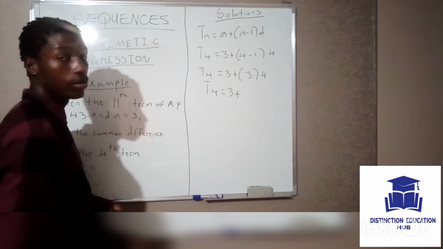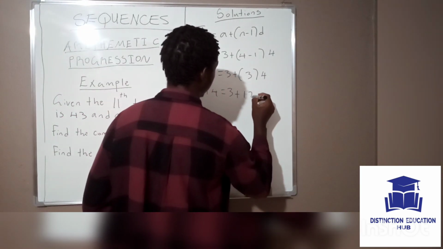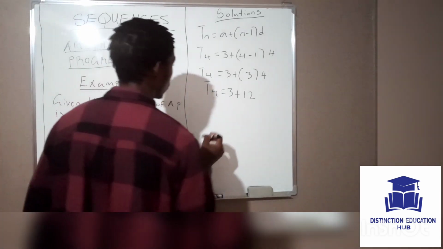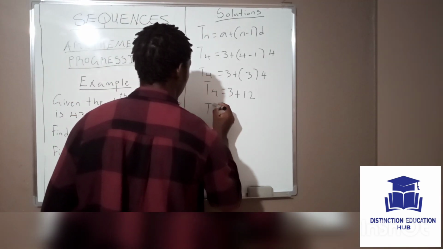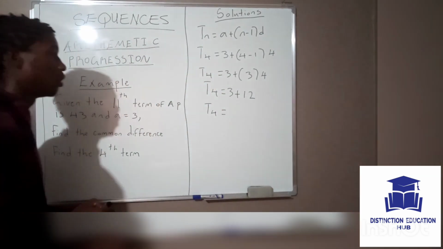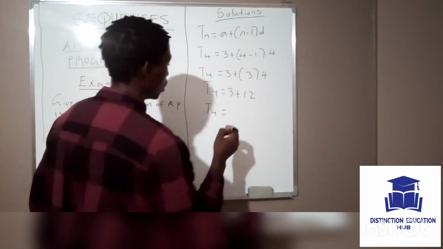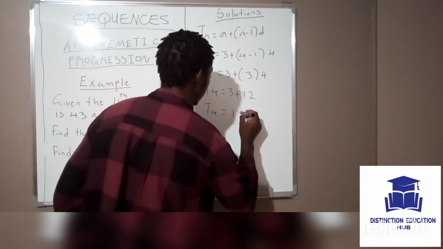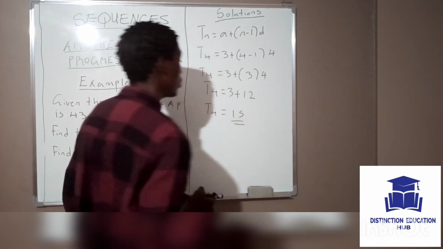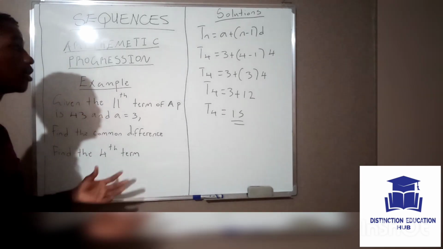What will you have? You get 12. Continue, you say T4 is equal to 3 plus 12. What will you get? You get 15. And you are done. You found your common difference and your fourth term.